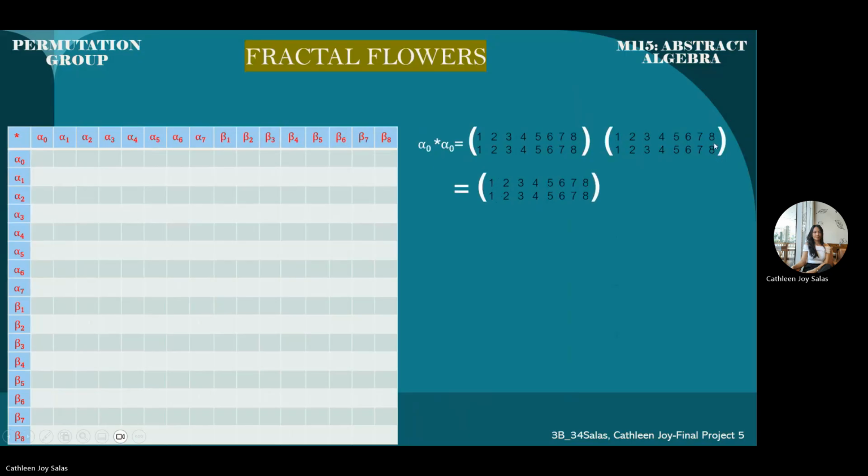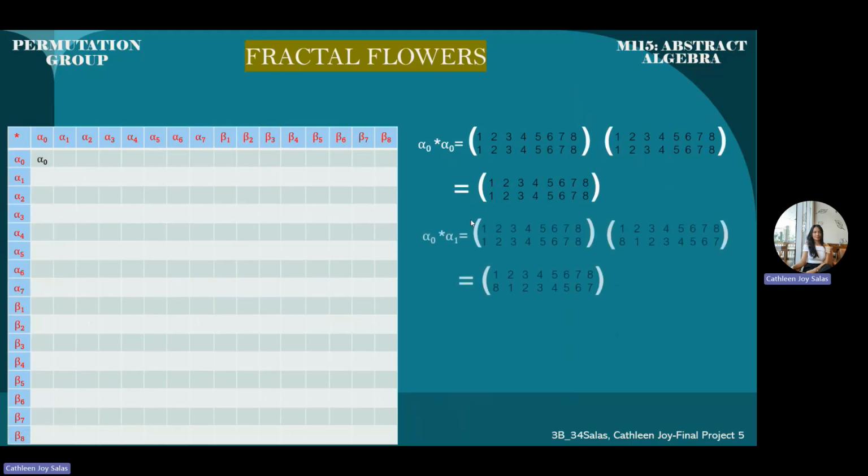For 8, so we have here the 8 is to 8, and this is the product, which is 8. So the result is also the alpha sub 0. So we have here the alpha sub 0.